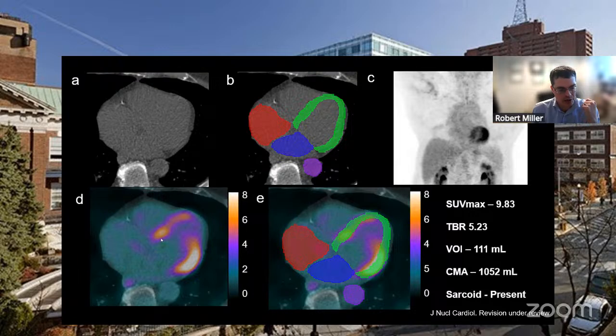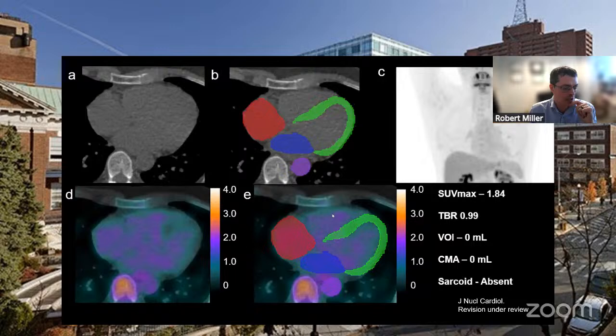But with sarcoid, you have this patchy activity that could be difficult to segment automatically. Here we can see that volume of inflammation and cardiometabolic activity were abnormal in this patient with sarcoid. This is a patient without sarcoid. And again, you can see that these segmentations sort of help with finding where myocardium would be on the hybrid images.